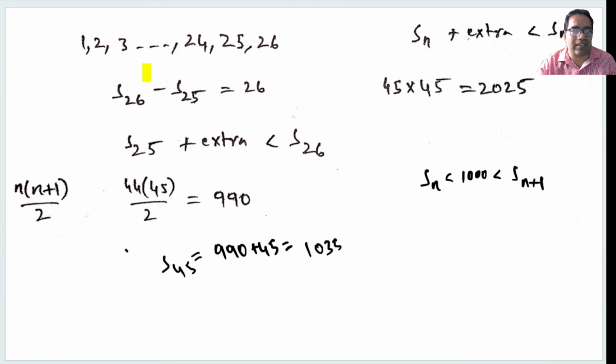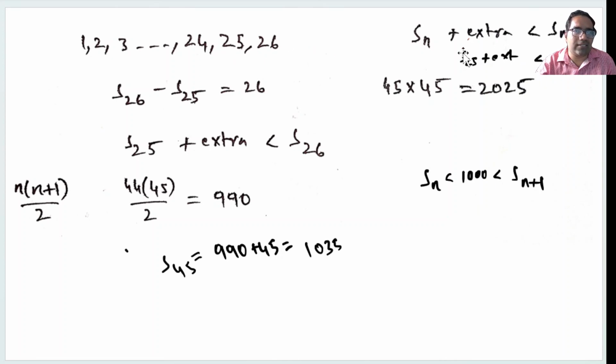So he has added 1 to 25 plus whatever this extra is. S25 plus whatever extra will still be less than S26, because the max of this extra is 25 only. And S26 is S25 plus 26. This extra cannot go beyond 25.